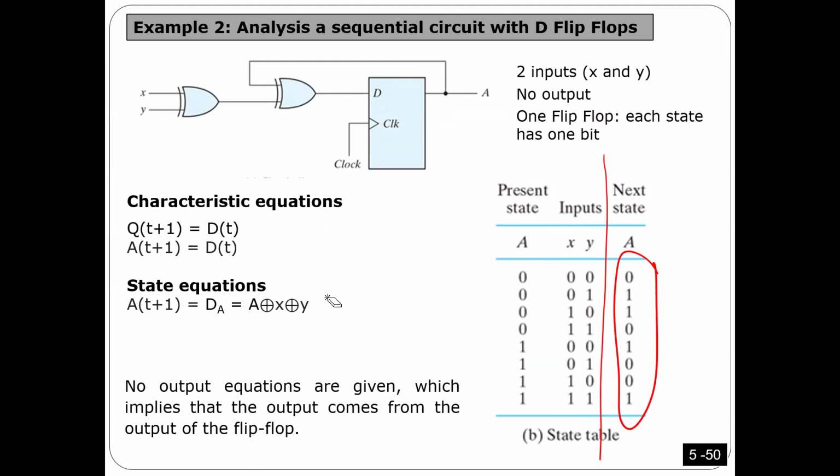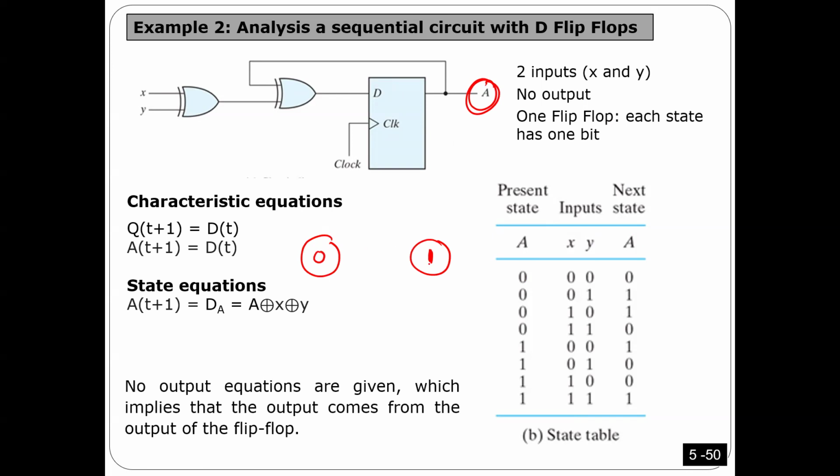Now, how can you draw the state diagram? Because I have only one flip-flop, how many states do I have? Only 2 states. So now I have one circle with 0, one circle with 1. But here, because I have 2 inputs, as we did before, on the arrow you have to put inputs and then slash outputs.